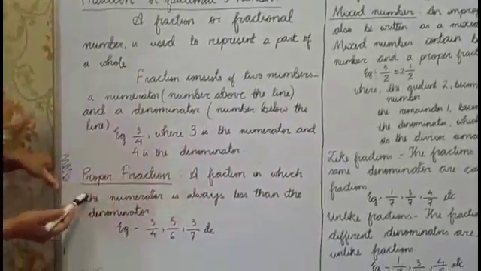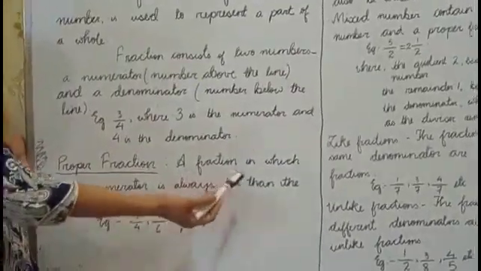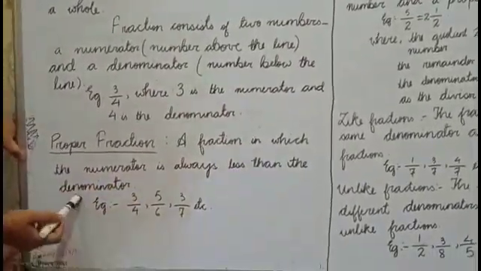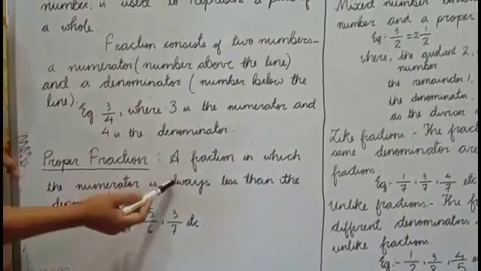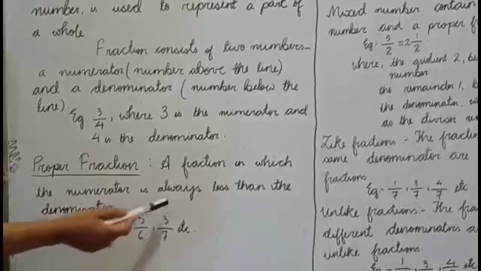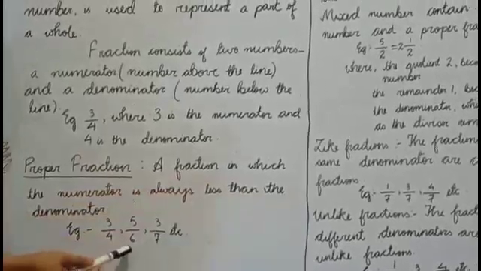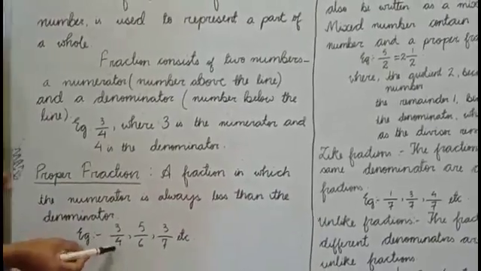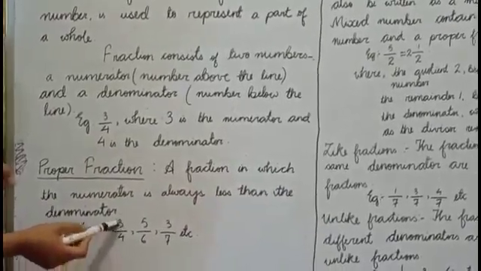Next, proper fraction. A fraction in which the numerator is always less than the denominator. That means the number above the line is always less than the number below the line, that is the denominator. In the first example, I have chosen the fraction 3 by 4.